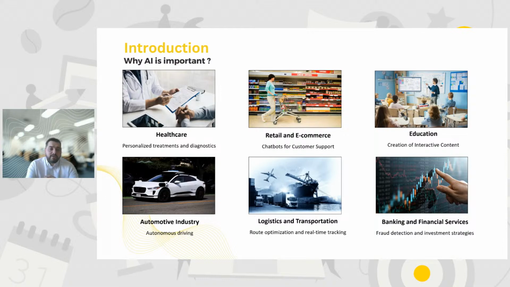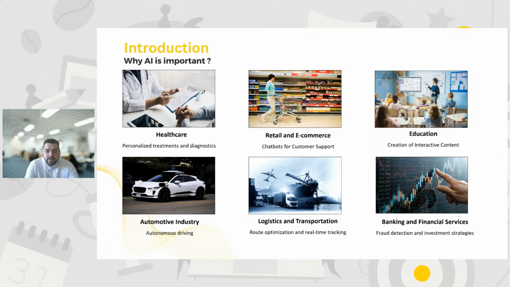Of course, the automotive industry, and here the main point will go to autonomous driving, but not only on this part, but also in other ones. Logistics and transportation, for example, route optimization, when we can use AI to tell us the best and most profitable route to transport some parts from here to here is this way instead of this way. And we can consider a lot of external factors like the time of the trip, the weather, and a lot of other things.